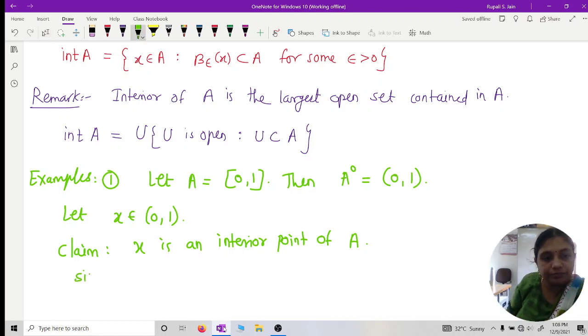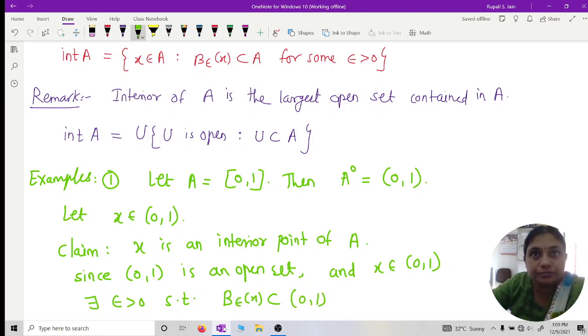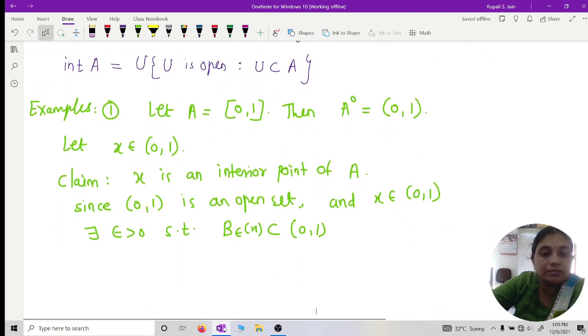Since (0, 1) is an open set and x belongs to (0, 1), there exists epsilon greater than 0 so that B epsilon of x is contained in (0, 1), right? But what is B epsilon of x?